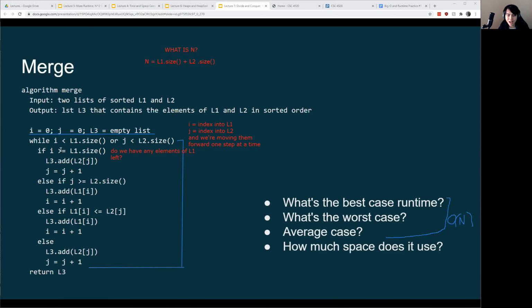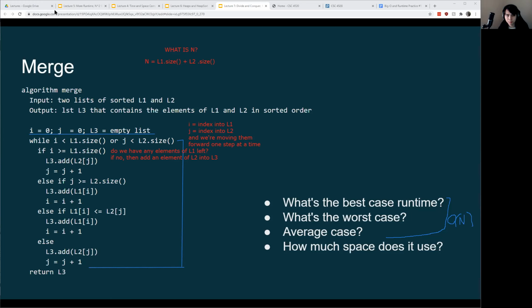If there are not any elements left, then add elements of L2 into L3. This is saying we ran out of list 1, this first if statement. If we ran out of list 1, then add some element of list 2, so L2 of J, into list 3, and then we just increment J.